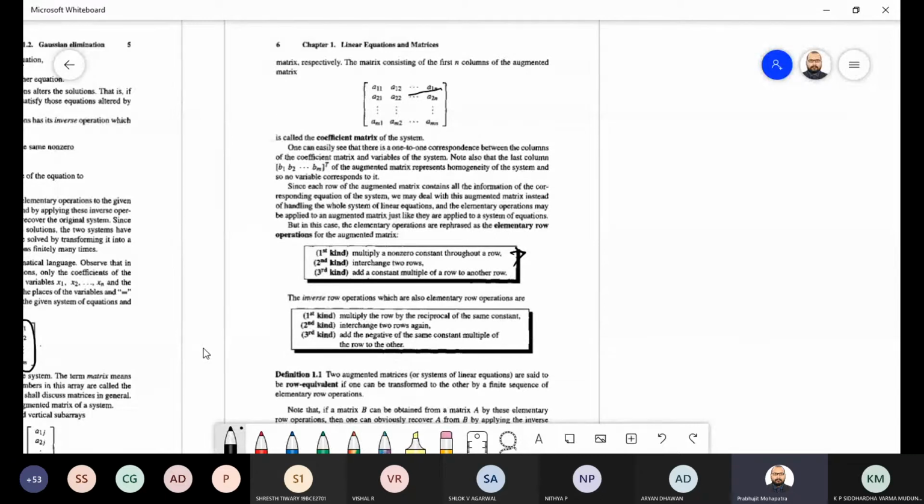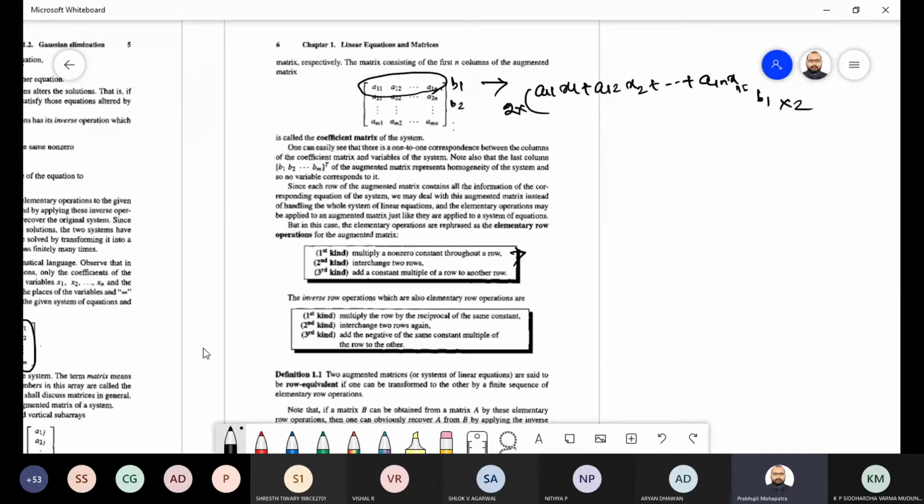This is nothing but an equation, with the right hand side being some b1, b2. The first equation is a11 x1, a12 x2 up to a1n xn equal to b1. If you multiply 2 with this, you multiply 2 with the right hand side also.